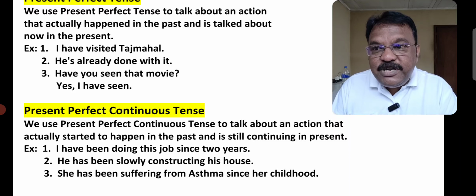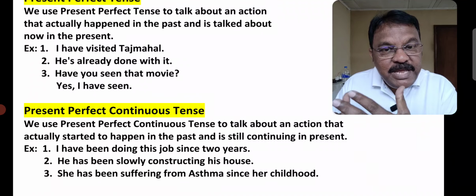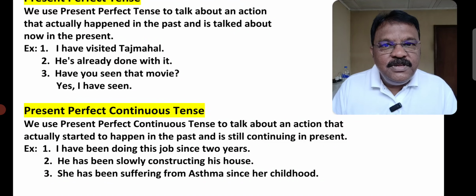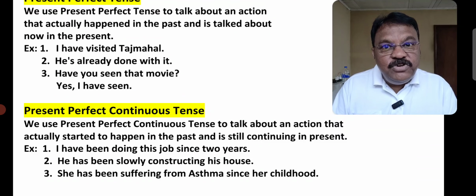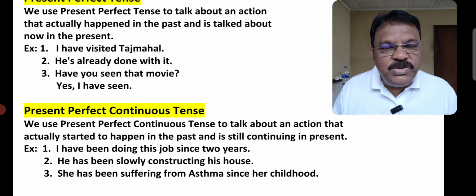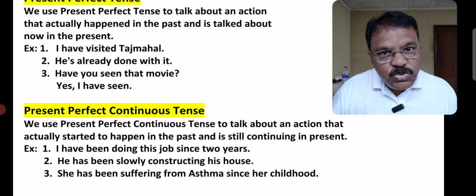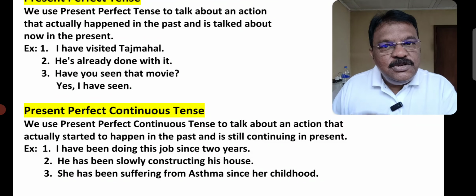So if you happen to say to someone, "I have been doing this job for 2 years," that means you started to do this work 2 years ago. Actually, you got this job 2 years ago. So for the last 2 years, you have been doing this job continuously.